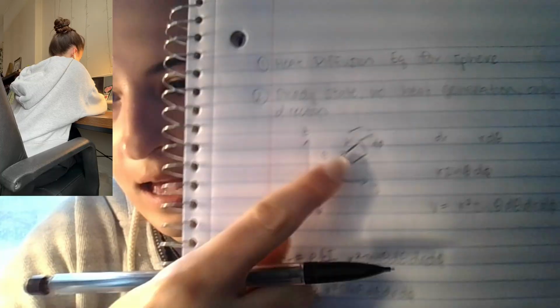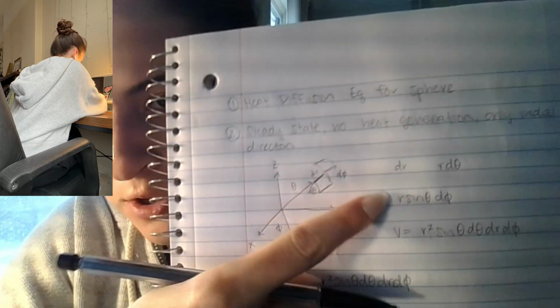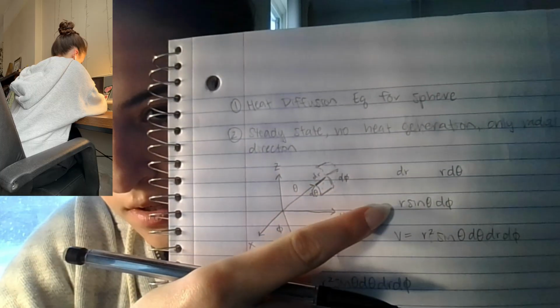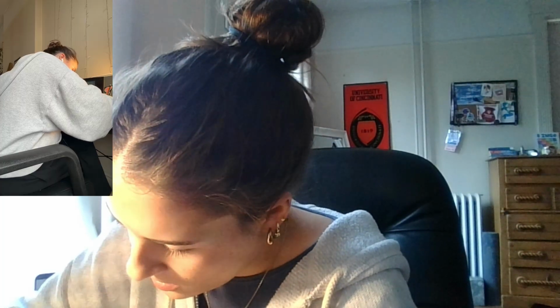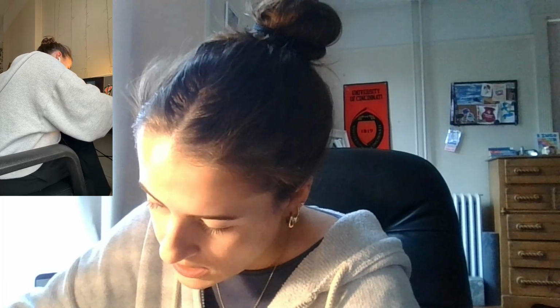Now we're going to look in the theta direction. So once again, negative k will not change. And we'll go back to our little piece here. Now we're looking in the theta direction, so we're going to have the dr and d phi left. So that'll be dr times r sine theta d phi as our area, and then dT over d theta.